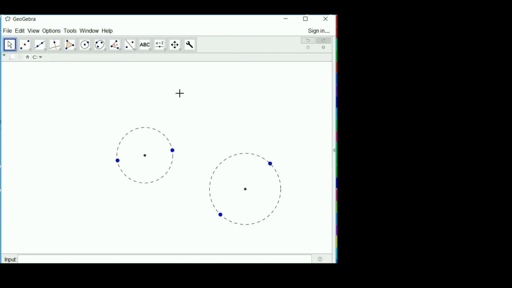So how do we find out where these two imaginary circles meet? Well, we just draw a line between them, and they're going to meet on a line perpendicular to the line joining their centres. So this is a theorem which holds for ordinary circles as well, that their common chord is going to be perpendicular to the line connecting their centres.